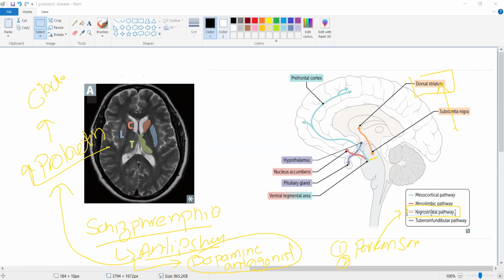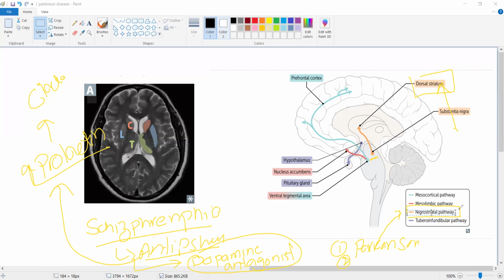Okay, the nigrostriatal pathway is affected in a patient with Parkinson disease, and they will give you a case of schizophrenia treated by a dopamine antagonist, resulting in increased prolactin level and galactorrhea. They ask which effect of this drug is responsible for the increased prolactin level. So they're asking why the prolactin is increased. So which pathway is affected?